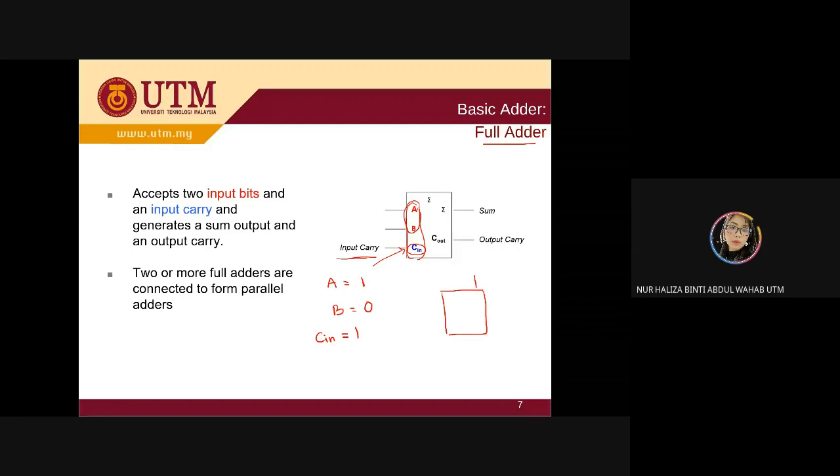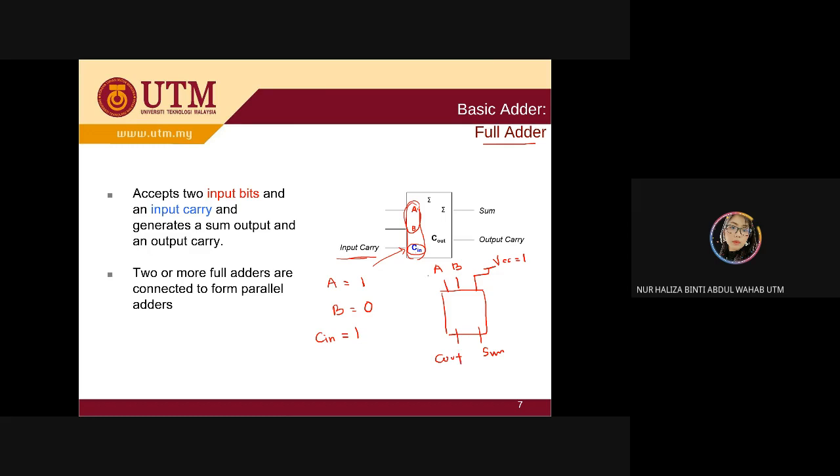I have here carry in, I flip it. Carry in is 1, so it will be like a voltage equal to 1. Please be patient with my pen. This one is our A. This one is our B. And it will be my sum. It will be my carry out.